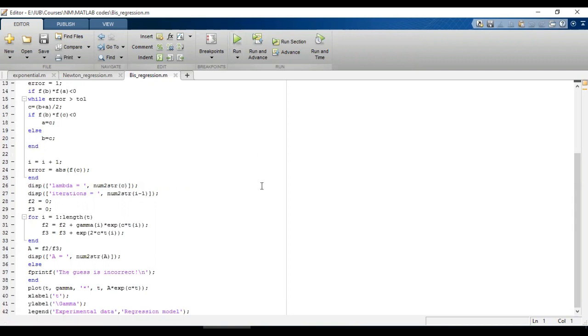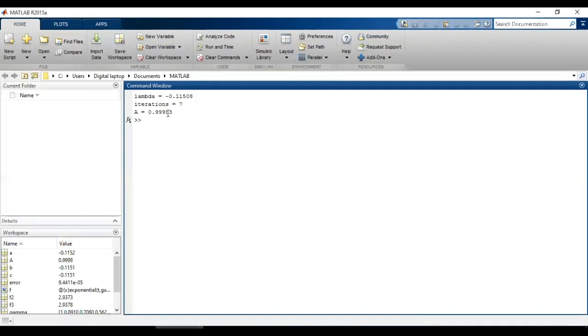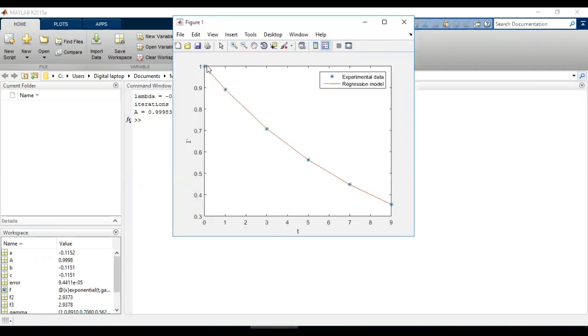So let's run this algorithm, and here again you can see that these are my calculated values of lambda and a. Here it has taken 7 iterations, but the final plot is exactly the same as we obtained for the Newton-Raphson method, and it is in absolute agreement with the experimental data.